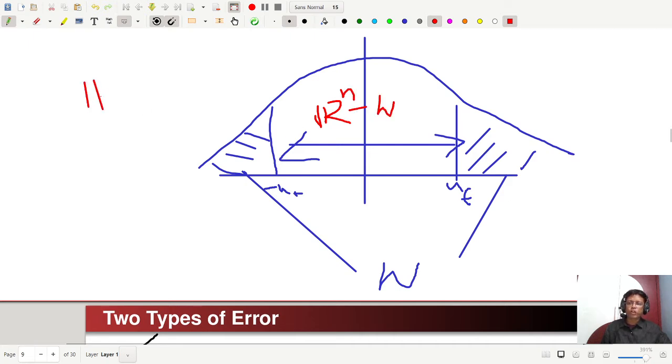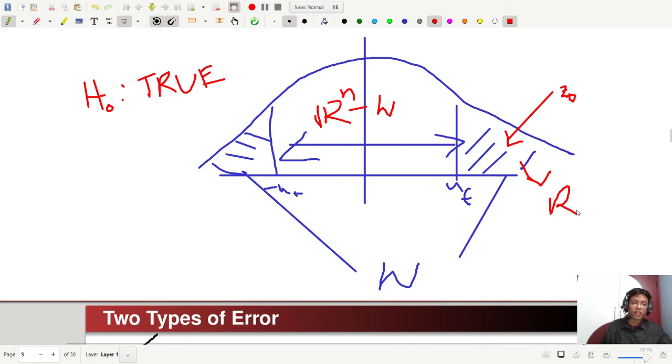Your H naught is true, but the value of the test statistic falls in this region. Suppose that value is Z naught. Z naught falls in this region, so you have to reject the null hypothesis because this shaded region is the rejection region, or critical region.